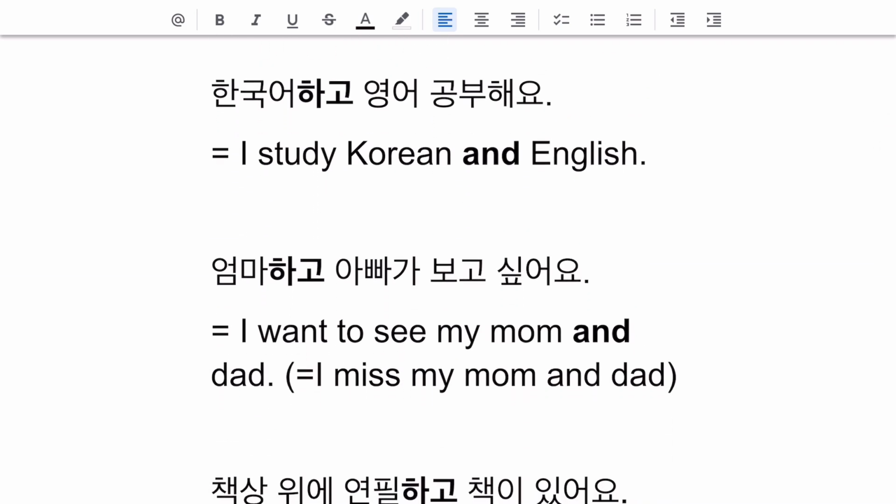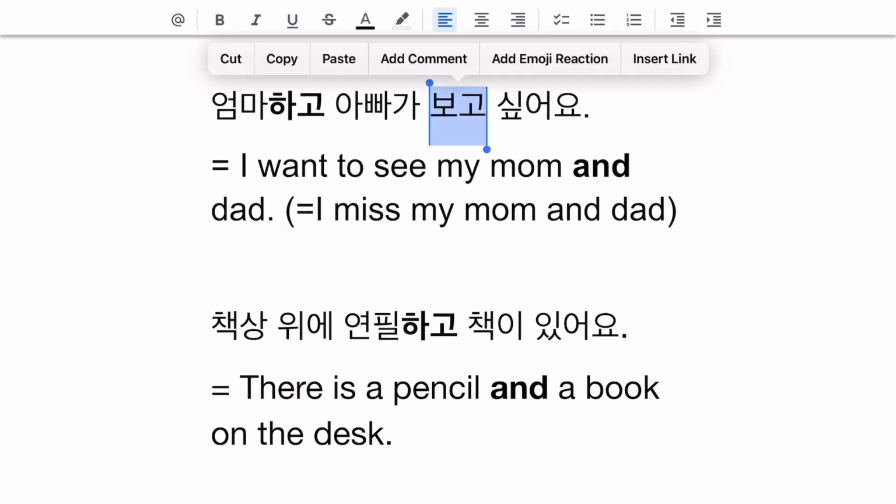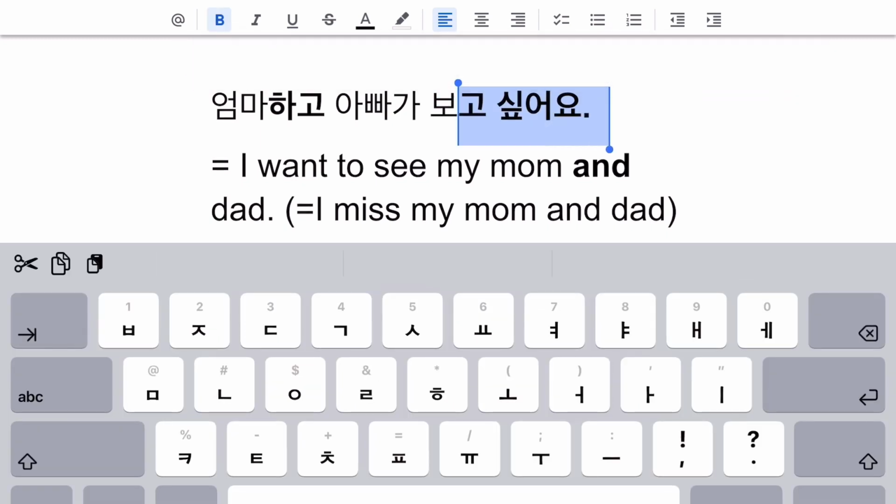Here's another example. 한국어하고 영어 공부해요. Korean and English, I study. 엄마하고 아빠가 보고 싶어요. Now this is a grammar we haven't seen yet, but if you want to say "want to do something," all you have to do is add 고 싶어요 to a verb stem.